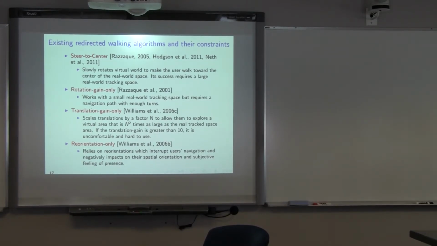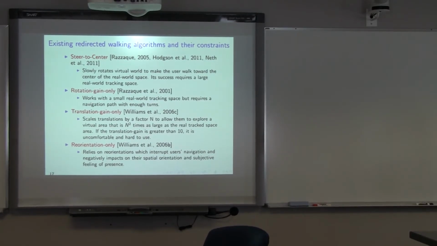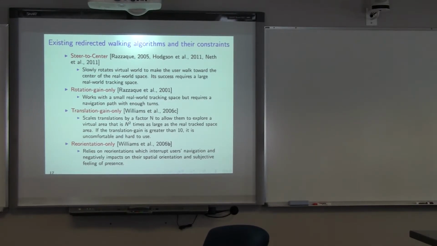It assumes the real-world space is empty, with no obstacles residing inside. So its success relies on a large real-world space, but it doesn't work well with a small real-world space.